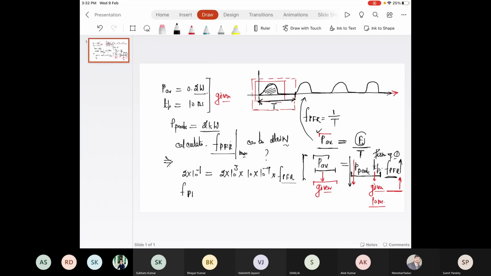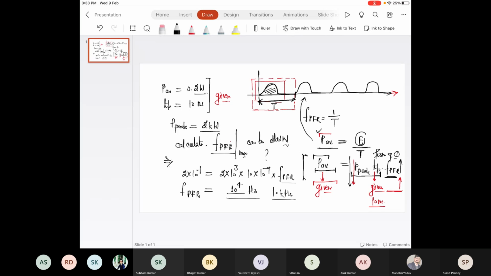So this pulse firing rate is equal to 10 to the power 4 hertz, which can be written as 10 kilohertz.